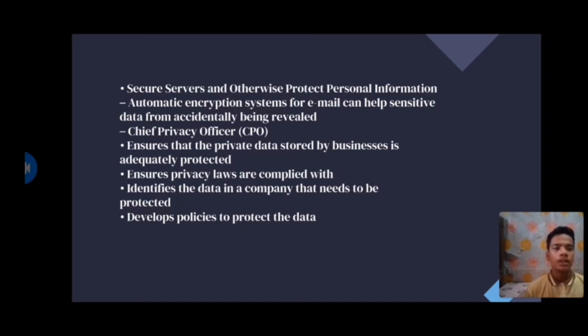Chief Privacy Officer or CPO ensures that the privacy data stored by business is adequately protected, ensures privacy laws are complied with, identifies the data a company needs to be protected, and develops policies to protect the data. So these are the secure servers and otherwise protect personal information.